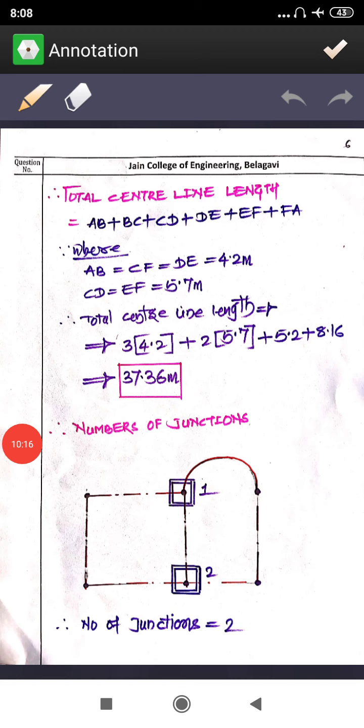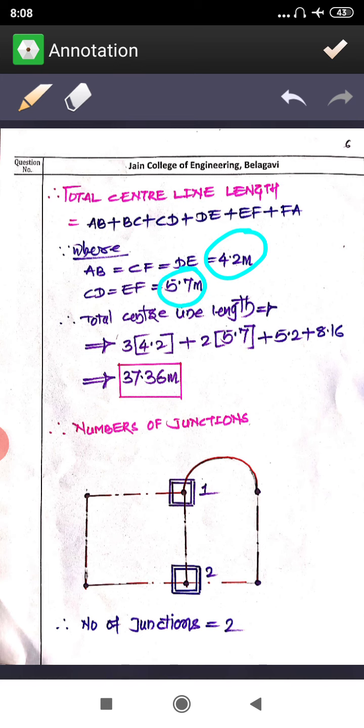Now we know the center to center distance of all walls. So total center line length is AB plus BC plus CD plus DE plus EF plus FA. Now, as from the plan you can see that AB is equal to CF, that equals DE, that is 4.2 meter, and CD is equal to EF, that is 5.7 meter.